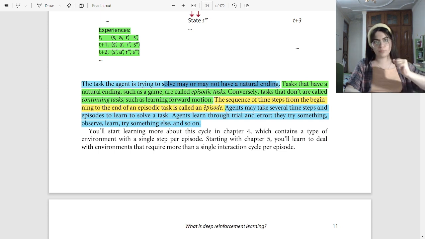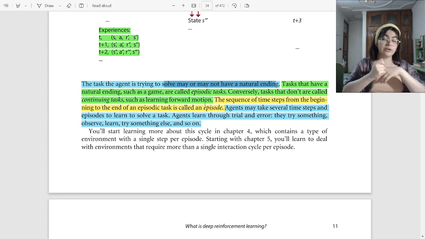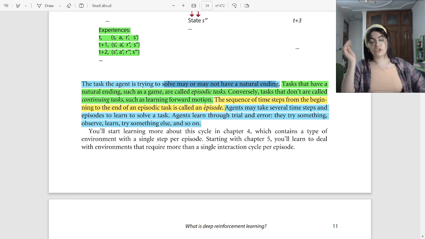You just pull the arm and you receive something. That's all. There's just one non-terminal state actually. And it has a natural ending. But there are some other versions that do not have a natural ending.